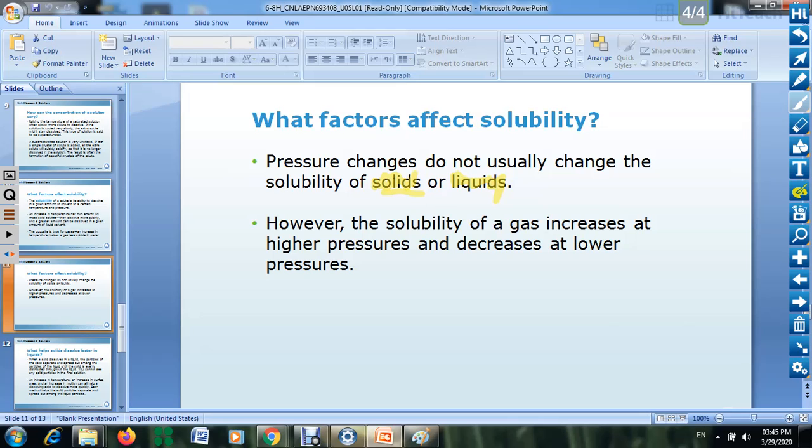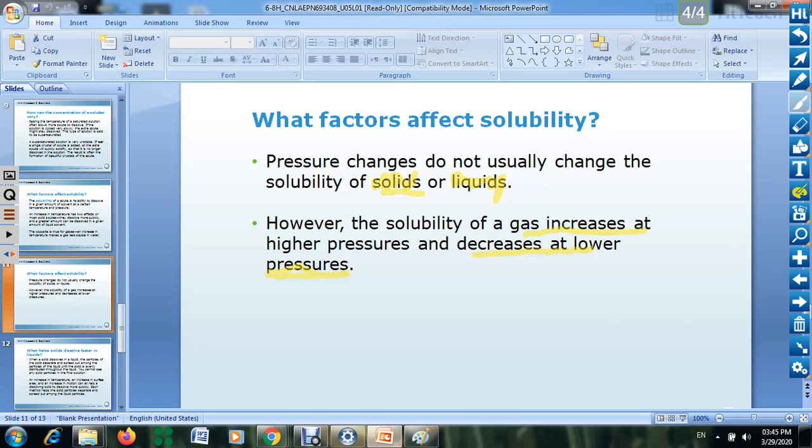When you increase the pressure on gases, that will make what? The solubility higher. However, the solubility of a gas decreases at higher temperature and increases at higher pressure and decreases at lower pressure.